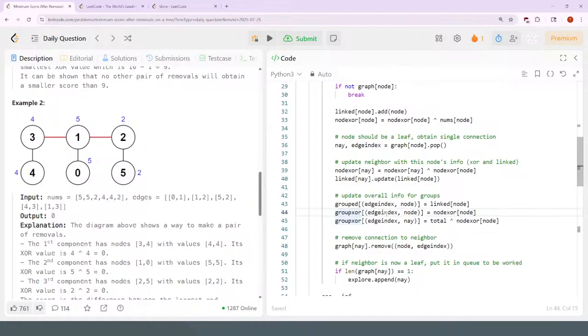So grouped XOR of this edge and this node is that. And you can quickly calculate the XOR of the other side, which is going to be total excluding the XOR of this side. So total XOR this side is equal to the other side. So group XOR for this edge for the neighbor side is total XOR this side.